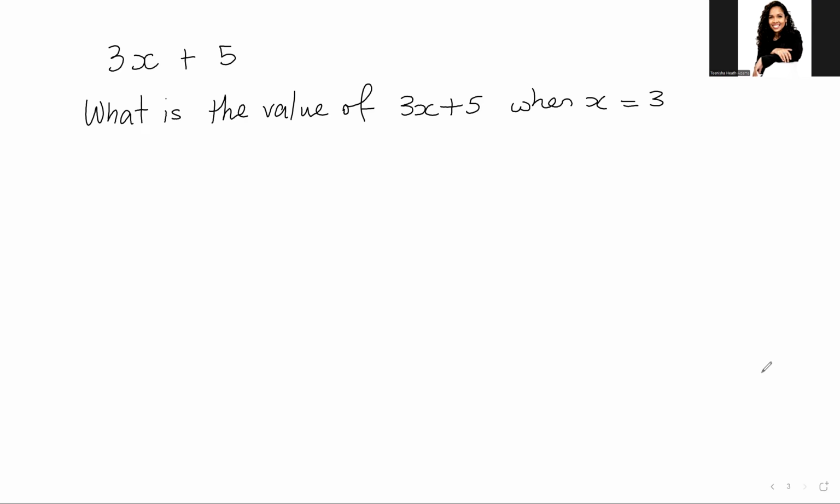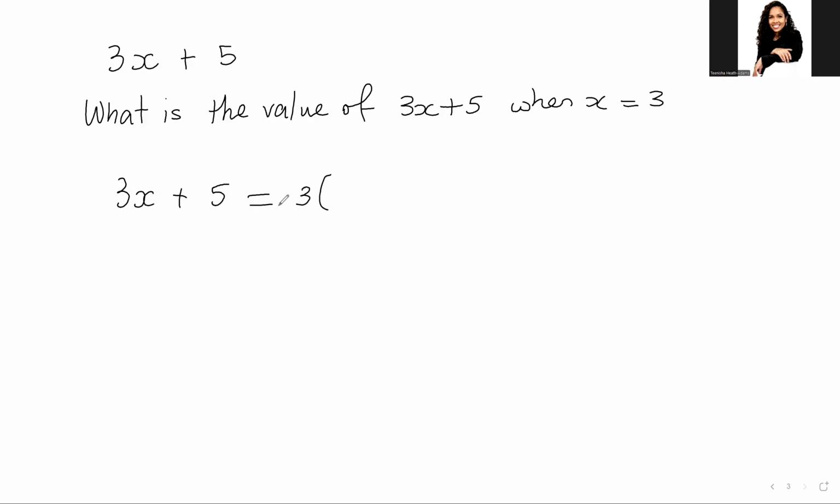You'll already know that when you're substituting a value into an expression, you replace the variable with whatever the value is. So x is 3. Now this expression, 3x plus 5, literally means 3 multiplied by x plus 5. So if I had to substitute x is equal to 3 into 3x plus 5, it'll be 3.